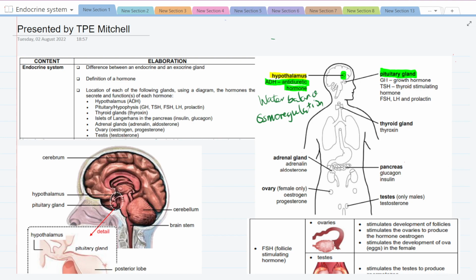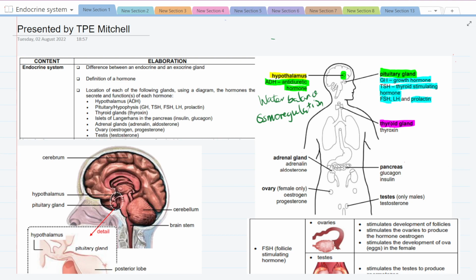Right. Now moving on to the next, which is the thyroid gland. Now this thyroid gland is located by the larynx, the voice box, around your trachea. Your trachea is your windpipe.